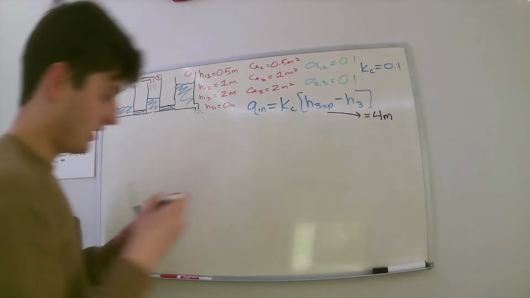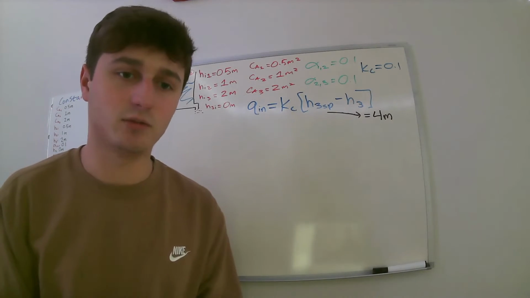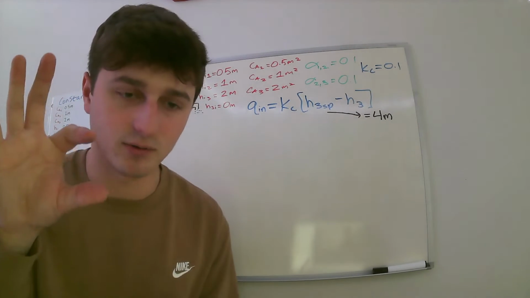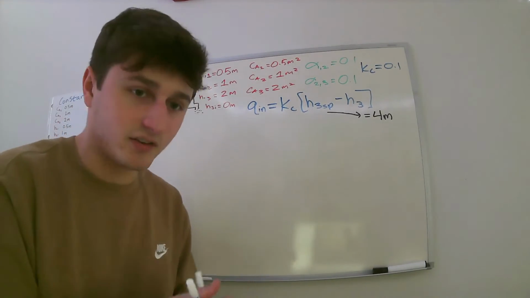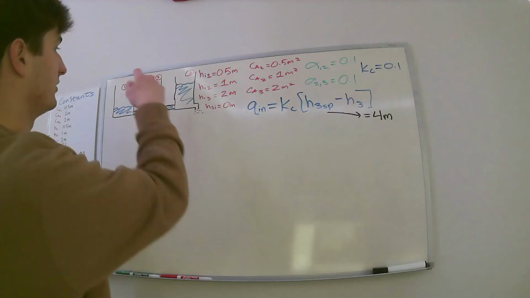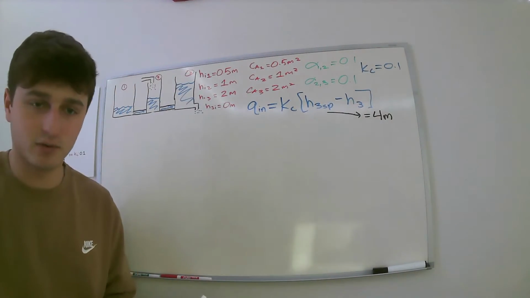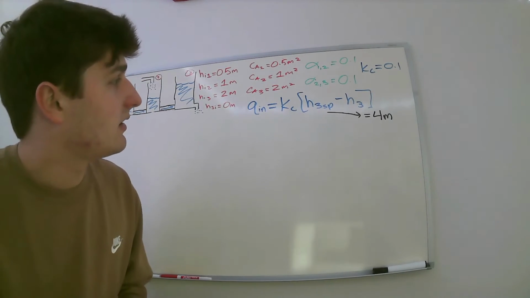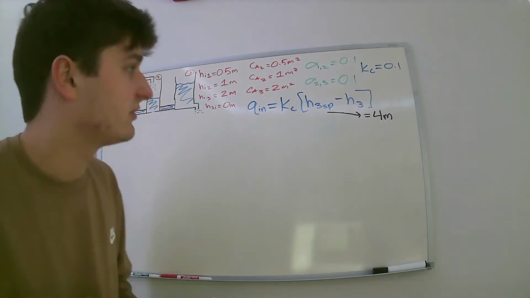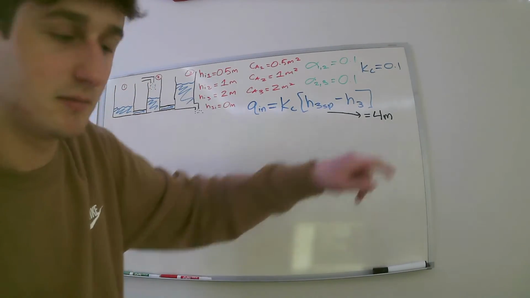So what we want in our code when we look at our graph is to see a steady state around 4 meters for the third tank right here. It has a set point, and this is going to determine our flow rate in. We want our steady state, when all of the lines have reached a constant value, no longer moving, hit a horizontal asymptote almost, to have the third tank at 4 meters.